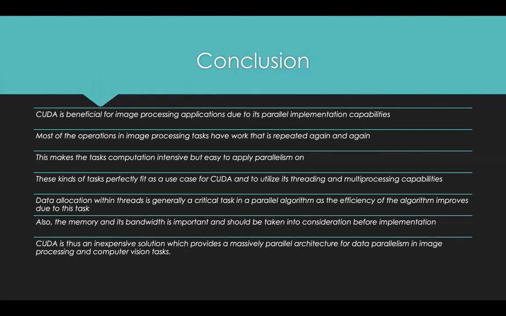Now, since there is no interdependence or less interdependence, it makes it right for CUDA level parallelism. One more point is that data allocation within the threads is generally a critical task in any parallel algorithm, as the efficiency of the algorithm improves significantly due to this task. Also, the memory and its bandwidth is important and should be taken into consideration before implementation.